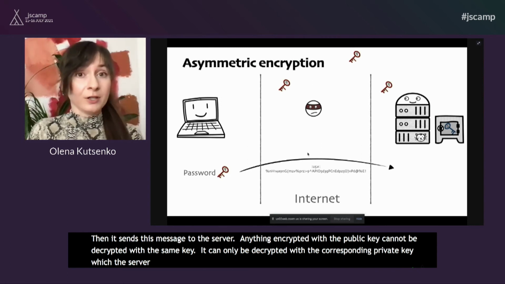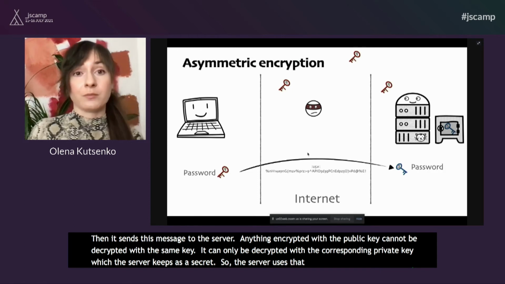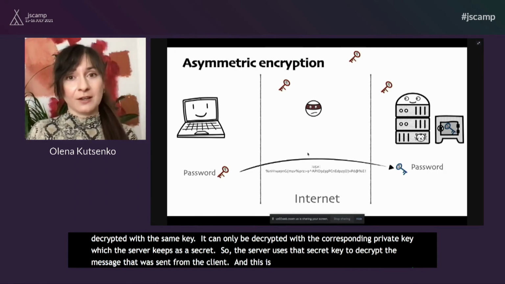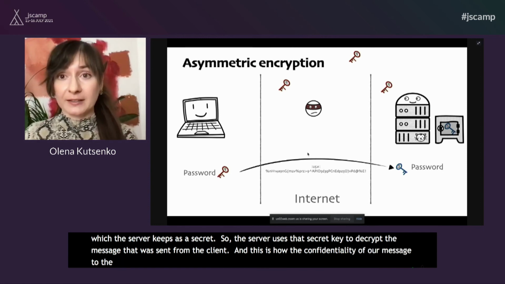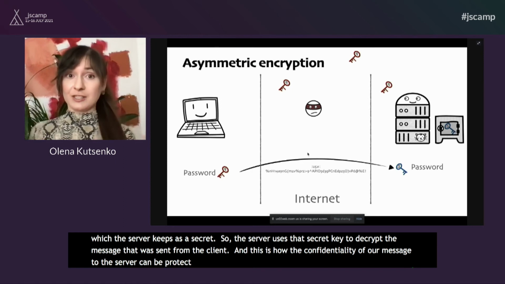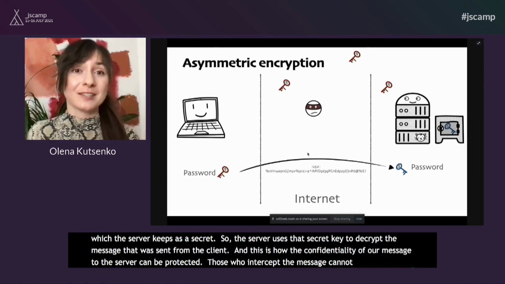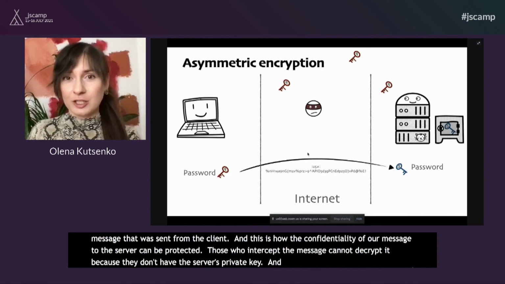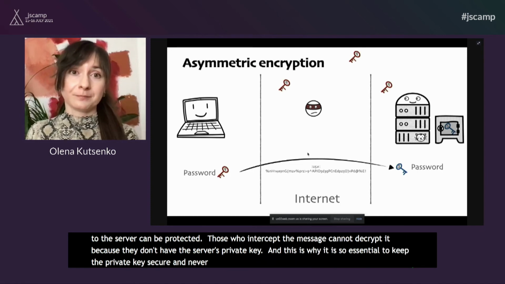So the server uses the secret key to decrypt the message that was sent from the client. And this is how the confidentiality of our message to the server can be protected. Those who intercept the message cannot decrypt it because they don't have the server's private key. And this is why it is so essential to keep the private keys secure and never share them with others.